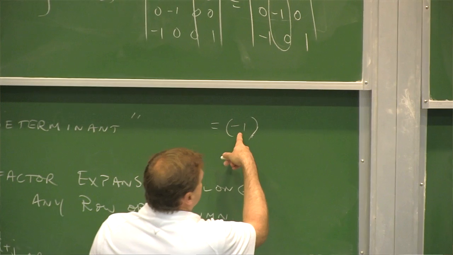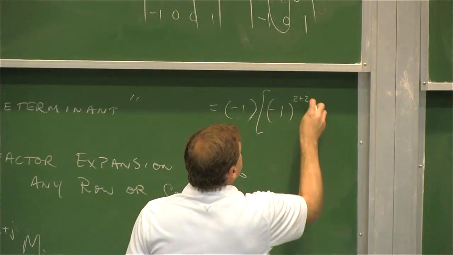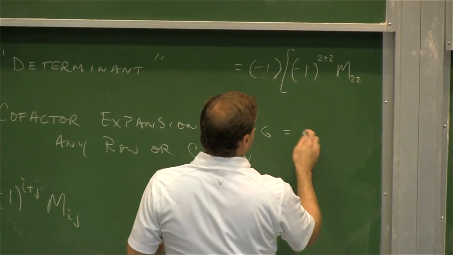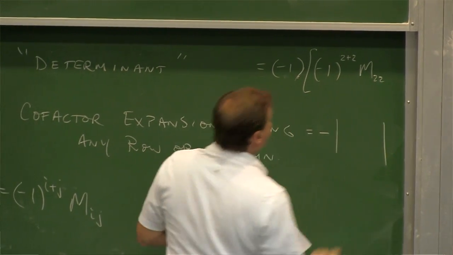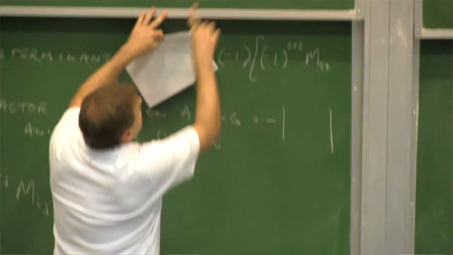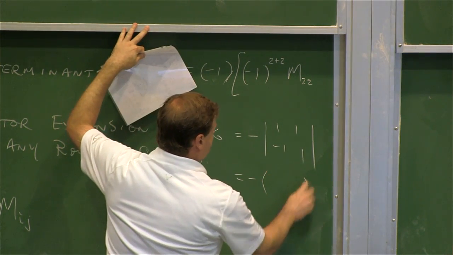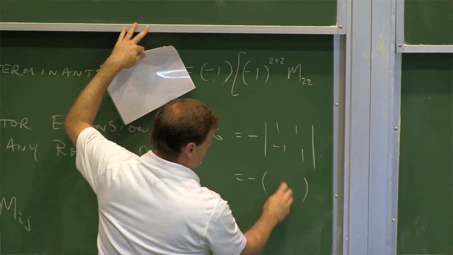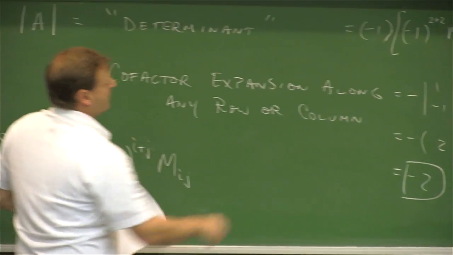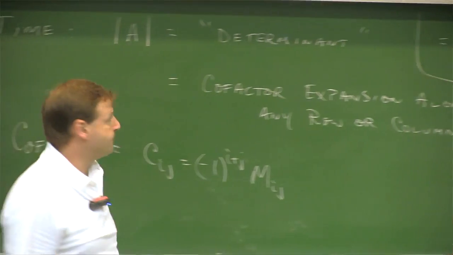So this is equal to negative 1 times negative 1 to the 2 plus 2, M22, which is equal to negative. M22 means I cross off the second row and the second column. So I get 1, 1, negative 1, 1. So that's equal to negative. I have 1 plus 1 is 2, so negative 2. That's the completion of that determinant.